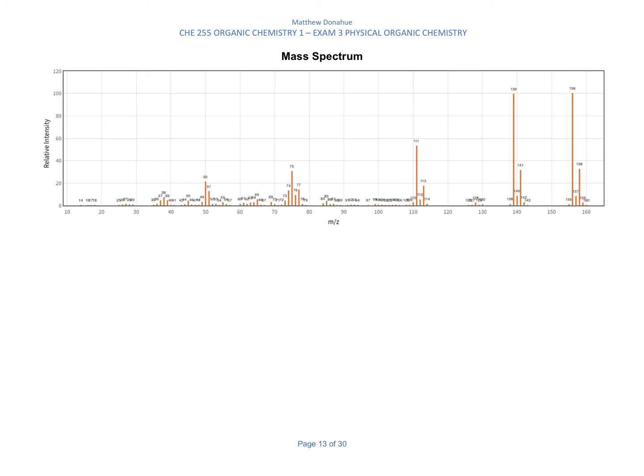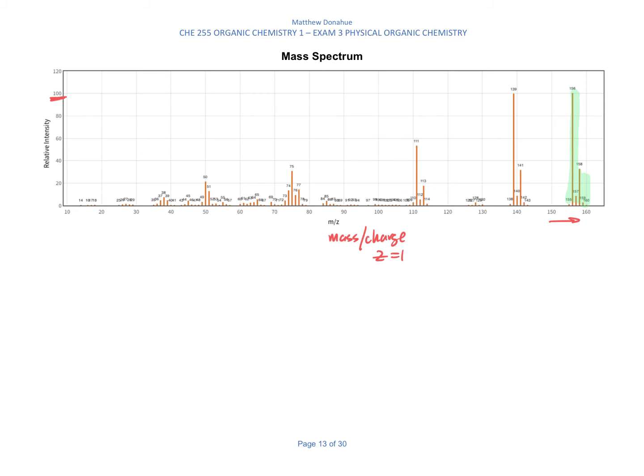So here's the mass spectrum. Again, we're looking at mass to charge. Z is typically 1, so we're dealing with the mass. And then we're dealing with the intensities over here. So when we go all the way to the highest mass, we see this cluster in this region here.